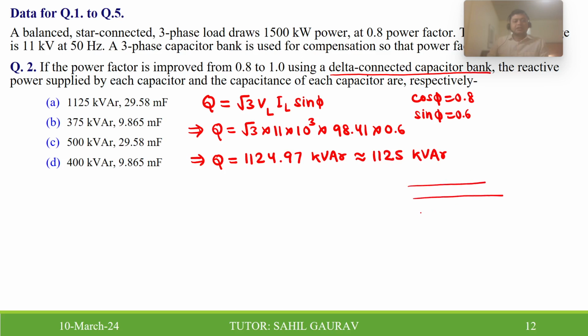Suppose this is line, and here these capacitors are delta connected.